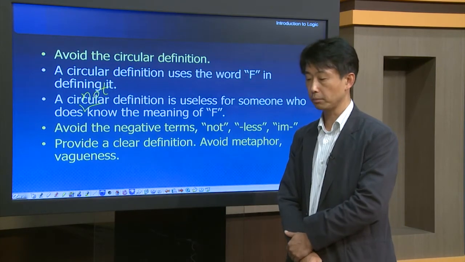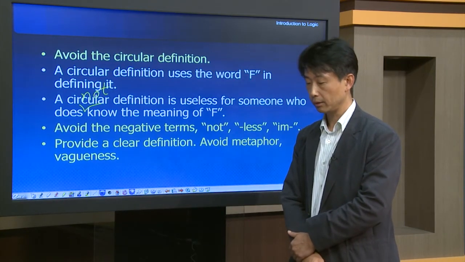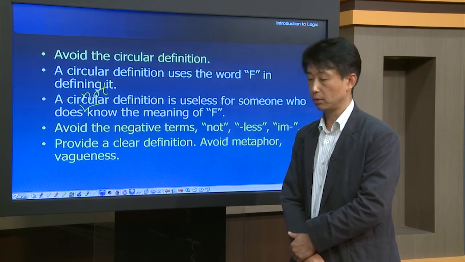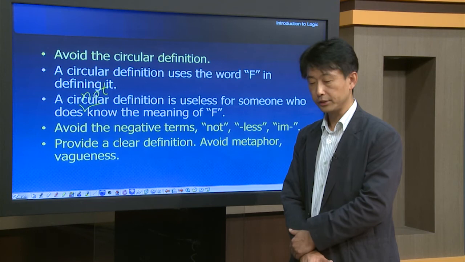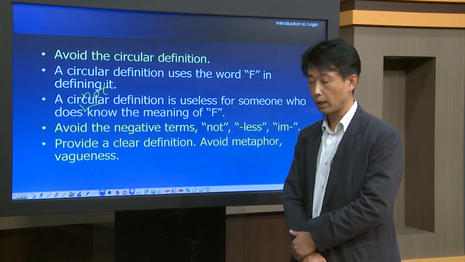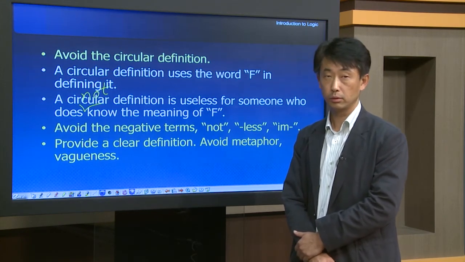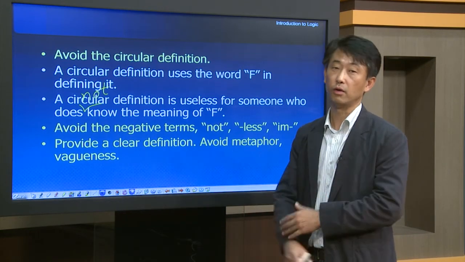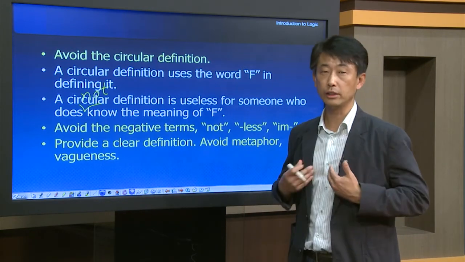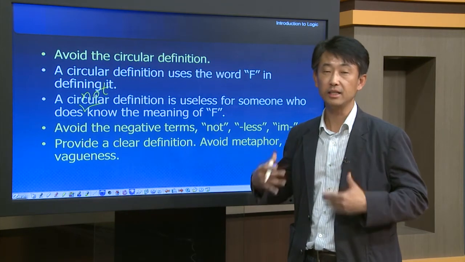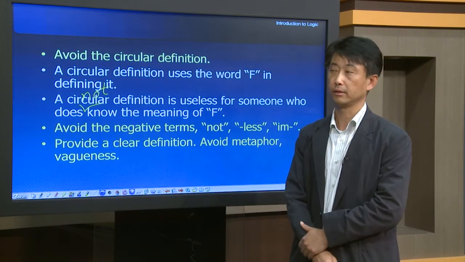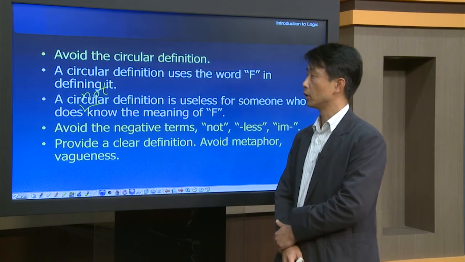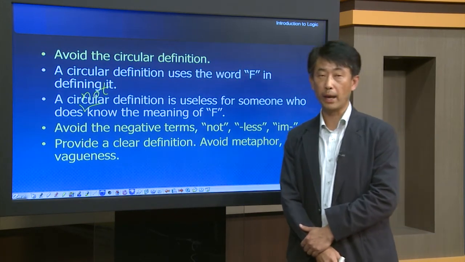If someone asks me, what does F mean? And I answer the question by using the very word F, such a definition is not going to help that person who asked me, because initially he didn't know the meaning of F. So I should not use F again in defining the term F. So a circular definition is a bad definition.